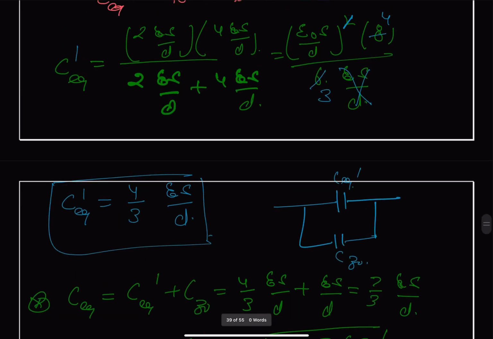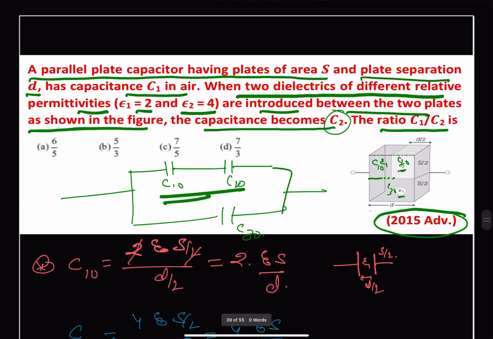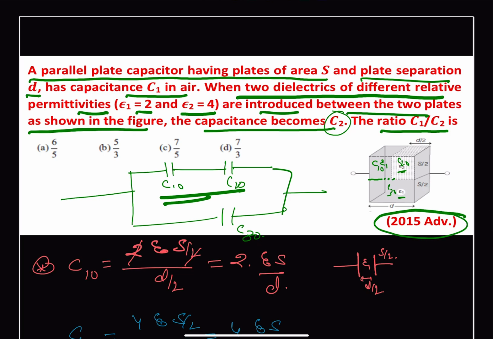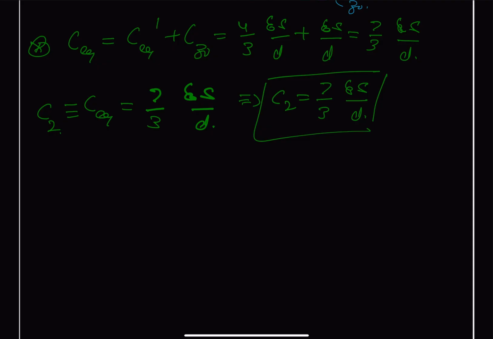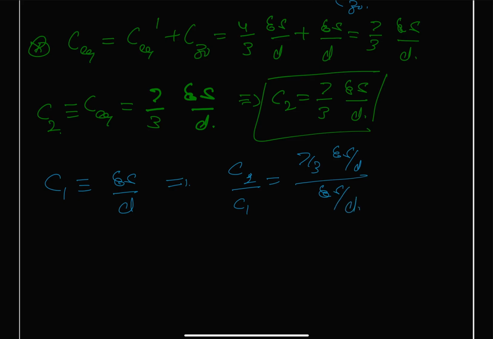And C1 is our capacitance without dielectric. So C1 is epsilon naught S upon D. Now we can find out easily the ratio. So C2 upon C1 is equal to 7 by 3 epsilon naught S upon D divided by epsilon naught S upon D. Here this epsilon naught S by D entire term cancels out.